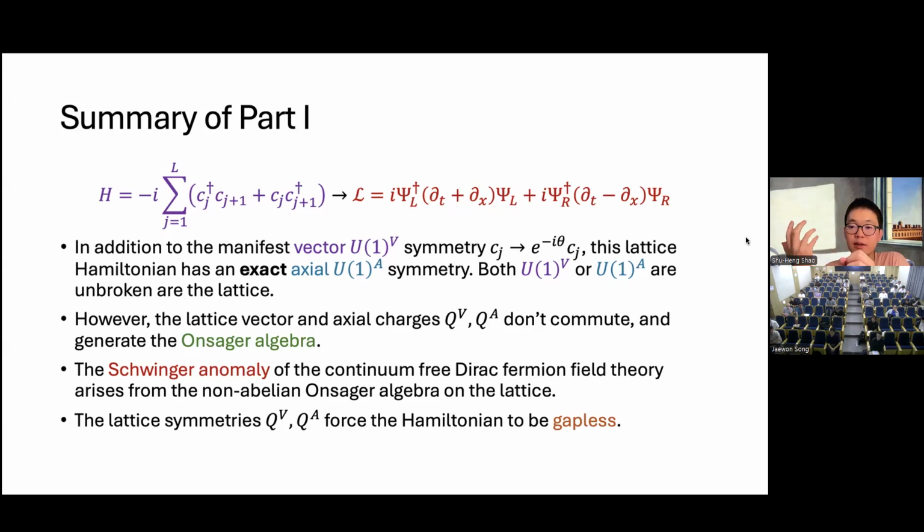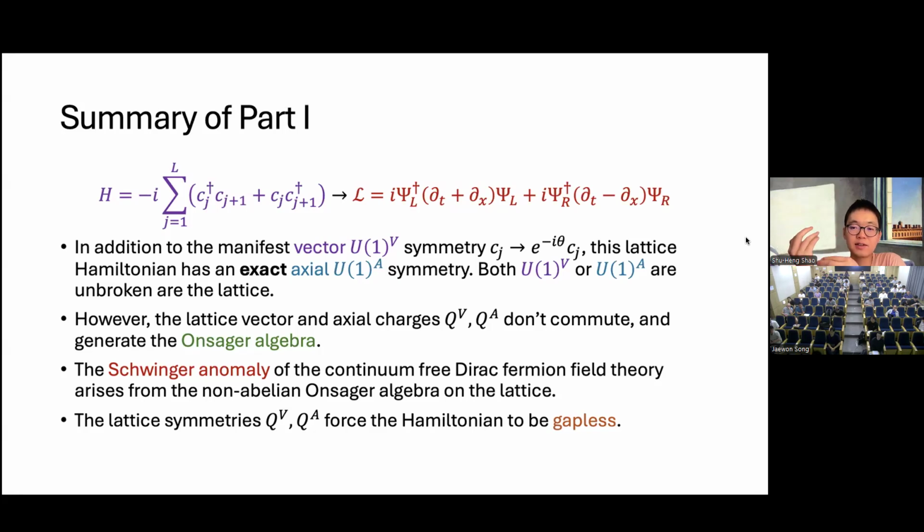So you can ask, does the same thing happen on the lattice here for our QV and QA? The answer is yes, but for a slightly different reason. QV and QA do not commute. So the moment you gauge QV, Gauss's law will automatically break QA for you.